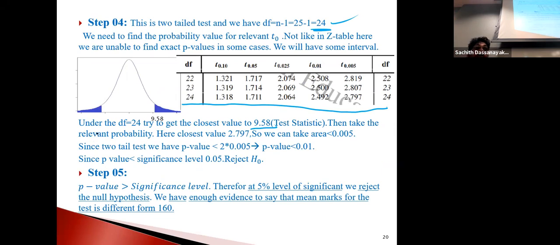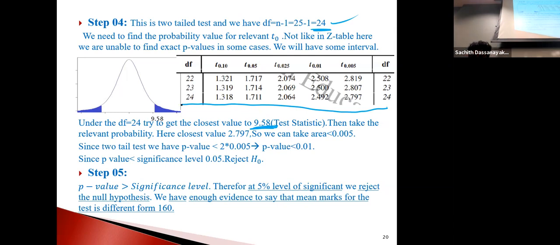To take the relevant probability or alpha, or delta, you have to find what delta value or what area belongs to this t value. The t value is 9.58. But you have to stick with 24 degrees of freedom, definitely that row.